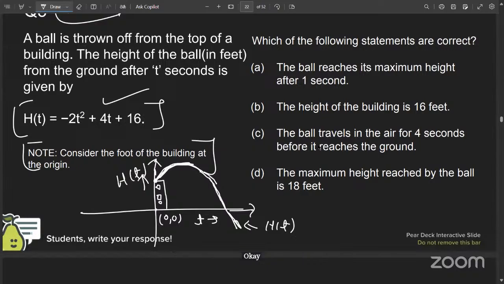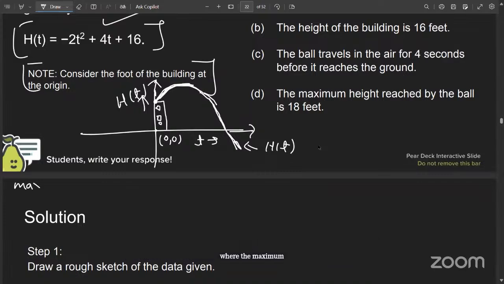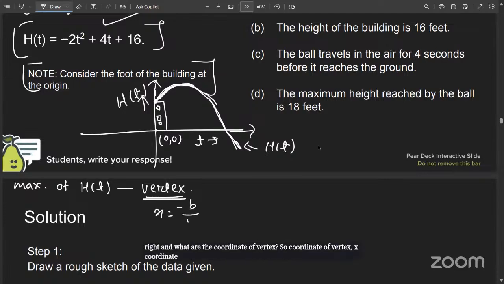We know that if we have a parabola, then where can the maximum value of the parabola happen? We know that the maximum of h(t) will happen at its vertex, right? And what is the coordinate of the vertex? The x coordinate is nothing but minus b by 2a.